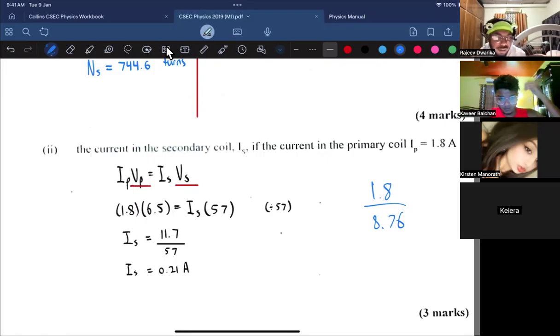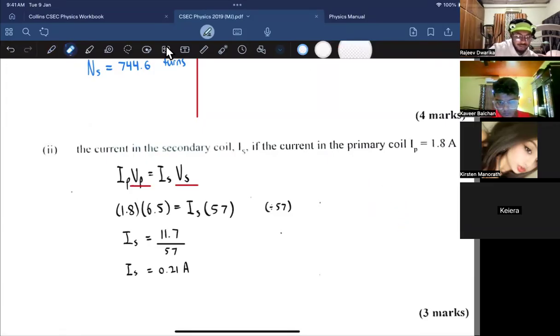Let me explain that one more time. What am I doing with my voltage? Voltage increasing. So if the voltage is increasing, it'll increase by 8.76 times. Right. But the current will decrease by that amount. Make sense? Yes. So let me write it down as an alternative method.